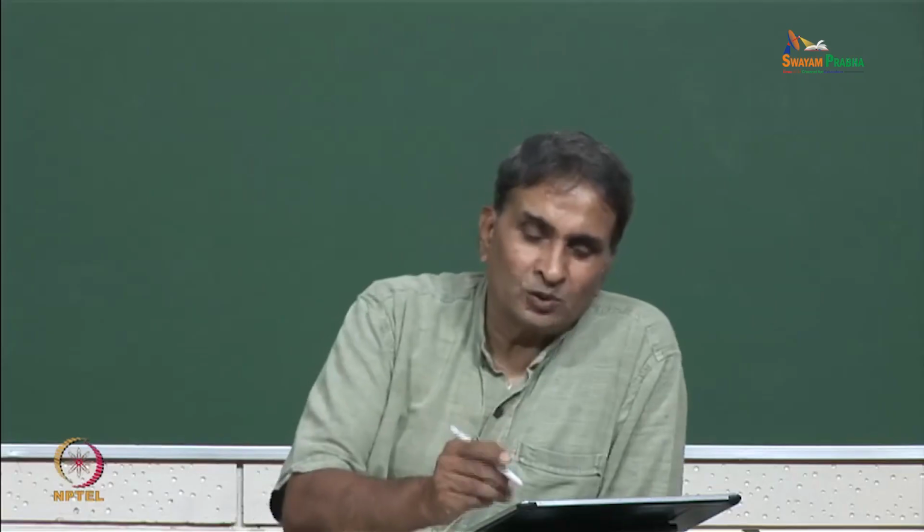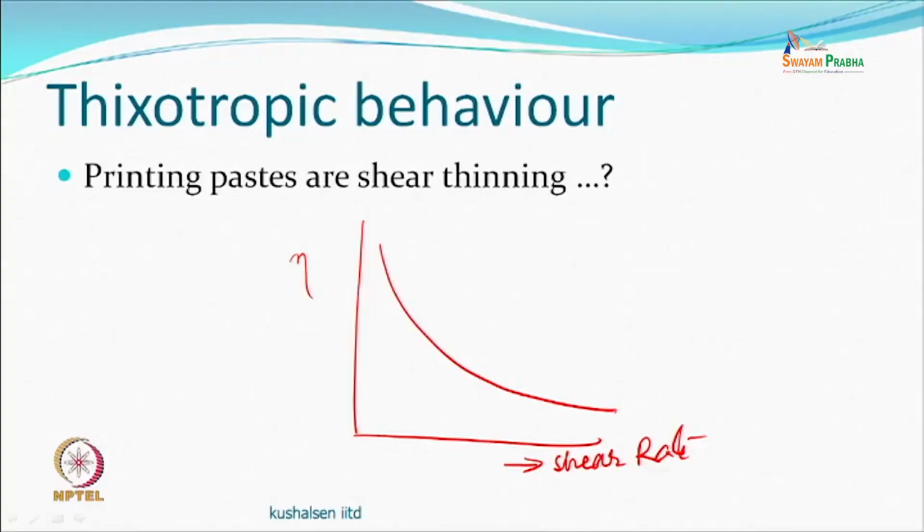But the most important part even after this is that when the squeegee is lifted, the viscosity goes back. So this is the thixotropic behavior in a way. It is time dependent. It doesn't happen instantly, there is a hysteresis, but it does reach back, and this is also important for us.